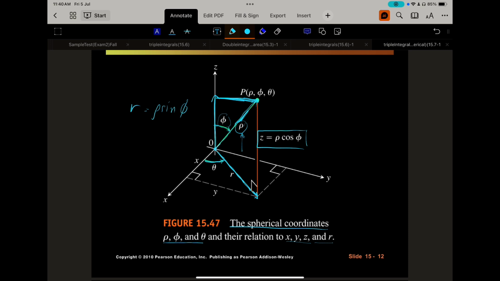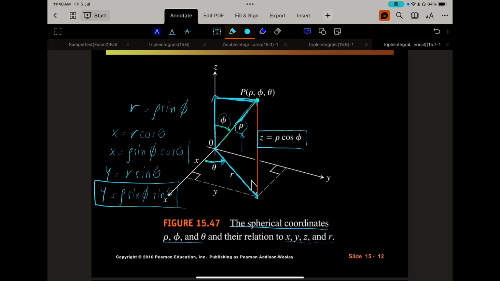If we know the angle theta, we can find x and y. x equals r cosine theta, and r is rho sine phi, so x equals rho sine phi cosine theta. For y, we have r sine theta, so y equals rho sine phi sine theta. That's our x and y coordinates, and that's easy.